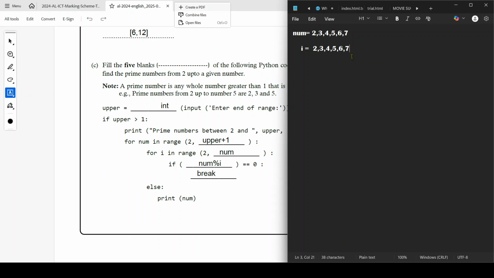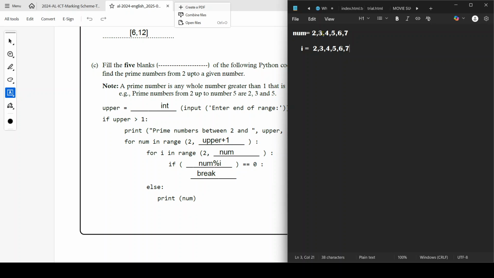Let's see, 5 divided by 6, no, it can't. But we can divide 5 by 4 or 3, like that. So we divide by smaller numbers. If it is 2, 2 is going to be divided by what number less than 2? Nothing, so it will print.